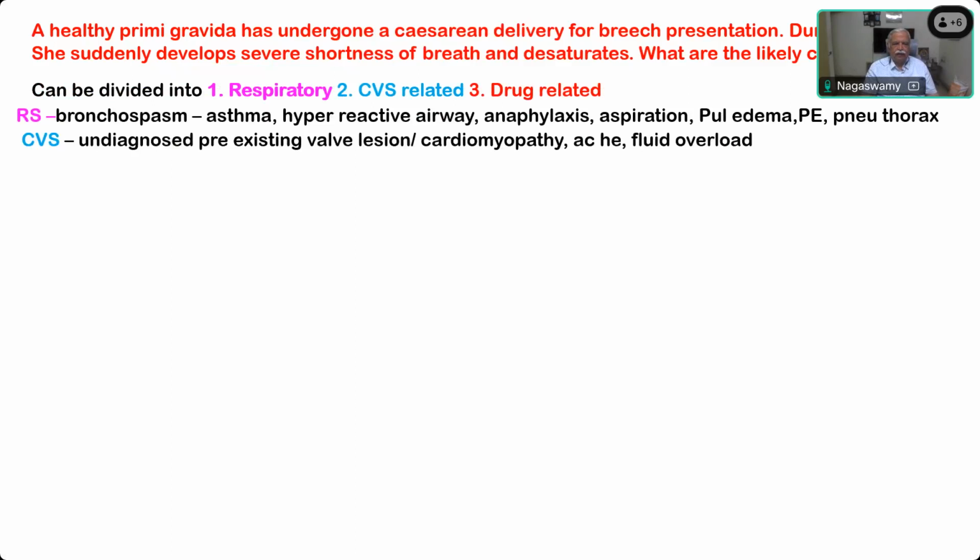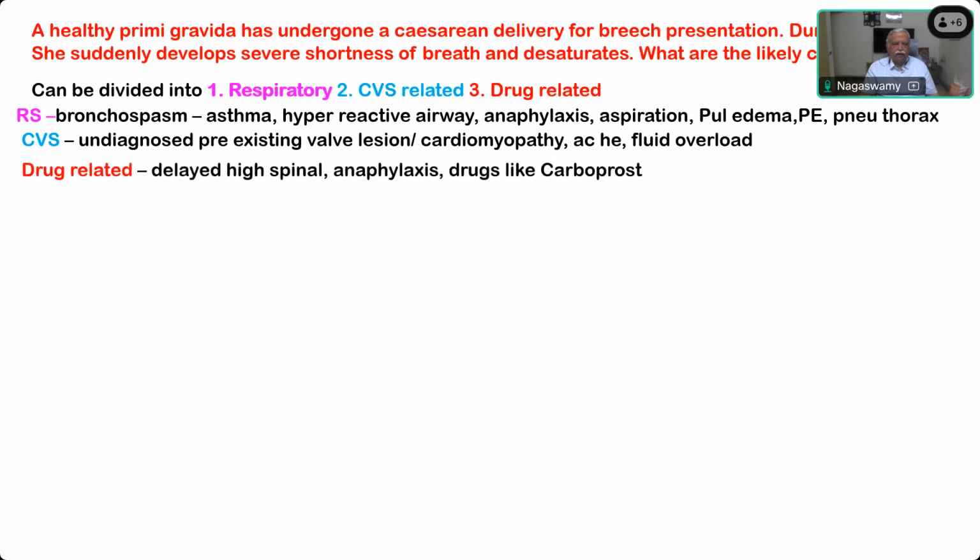CVS: undiagnosed pre-existing valve lesions. Many cases of mitral stenosis are not exhibited preoperatively; that exhibits during delivery only. And cardiomyopathy, acute hemorrhage, fluid overload. All these are serious causes. Drug-related: delayed high spinal, anaphylaxis like carboprost.